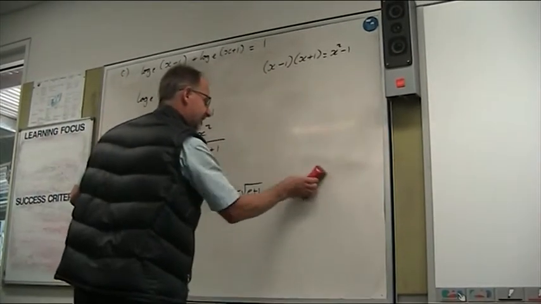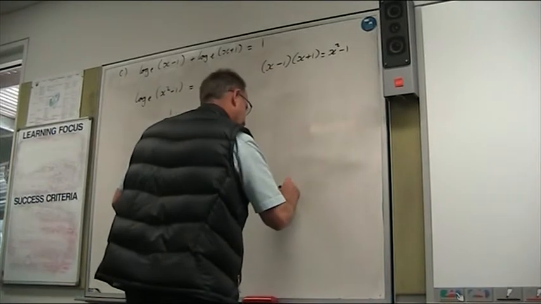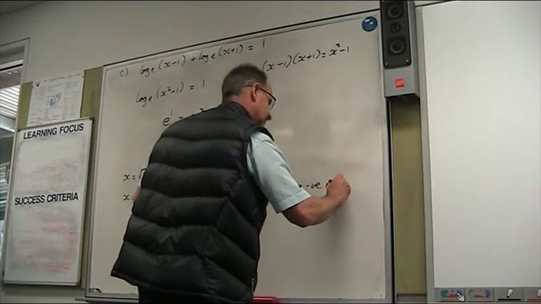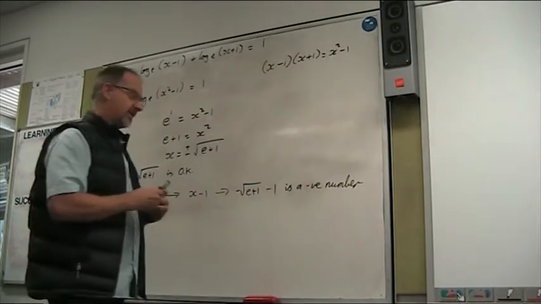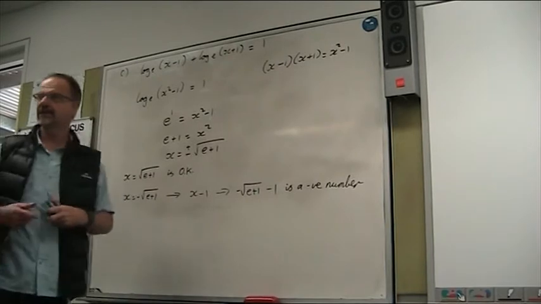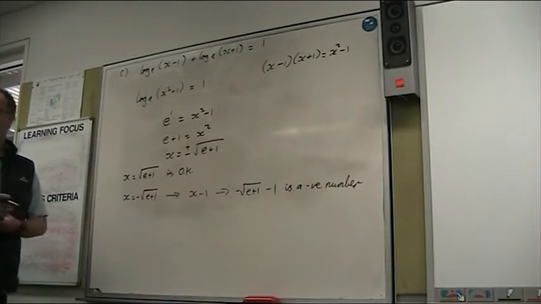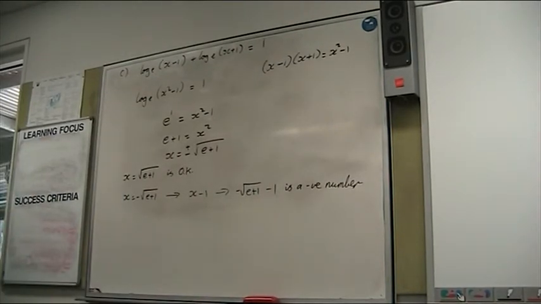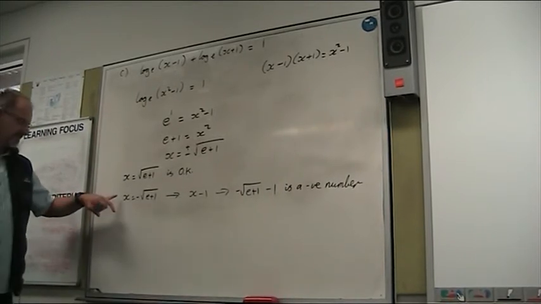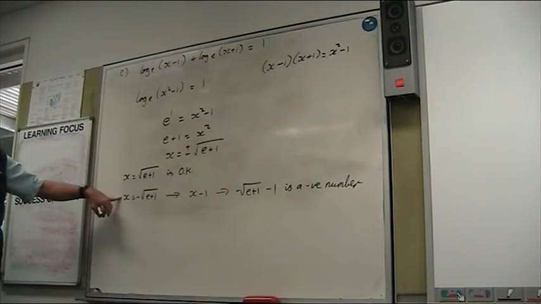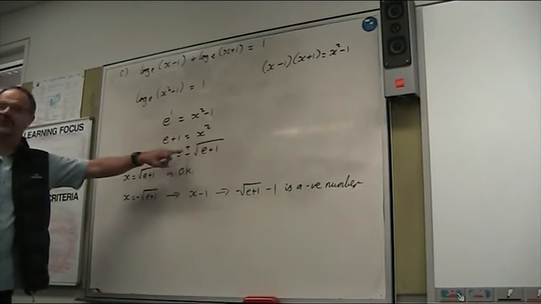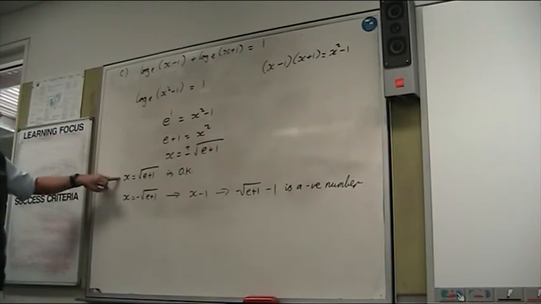That is a negative number, so we can't use it. We can never take the log of a negative number. So this particular x is not okay, and of the two possible solutions only one is valid.